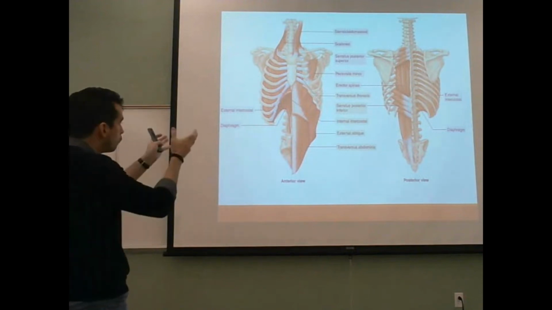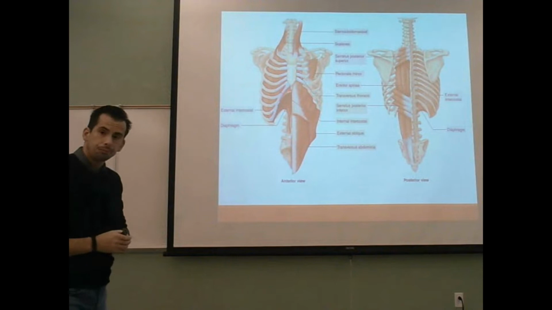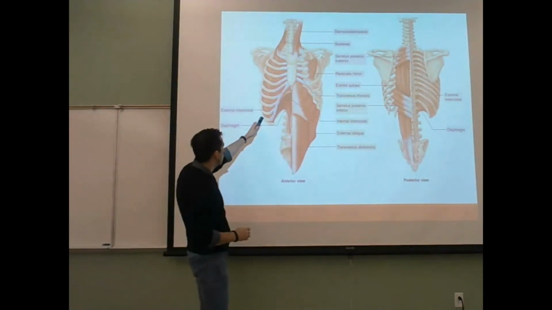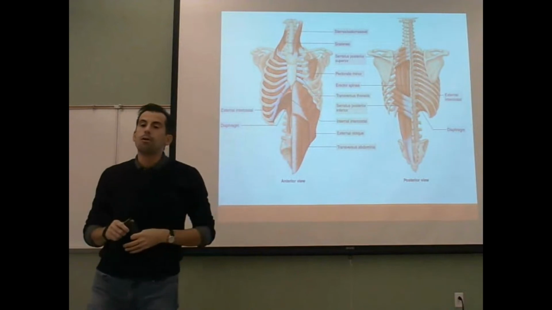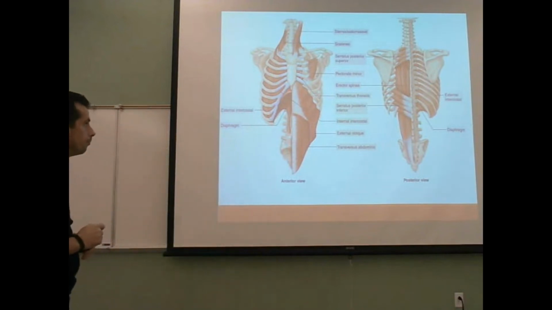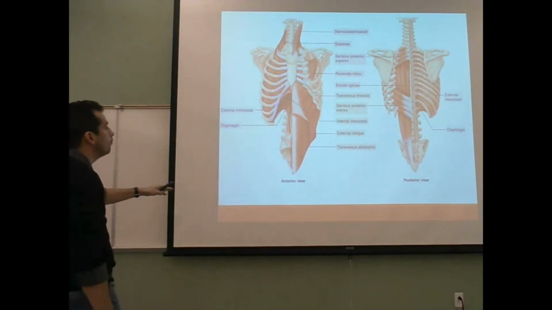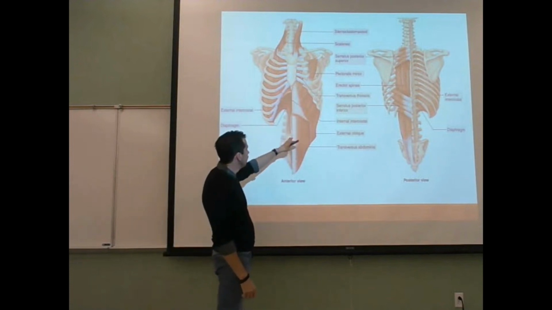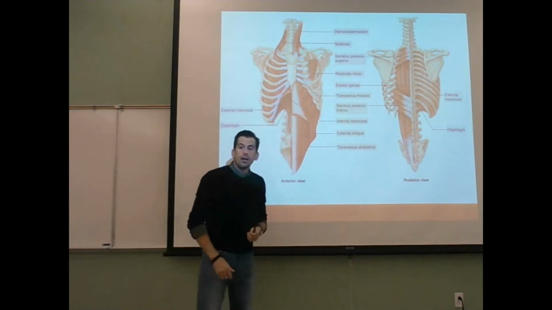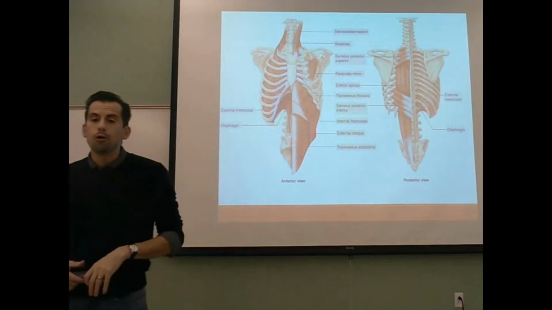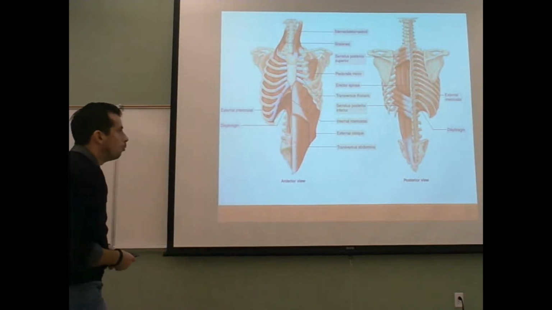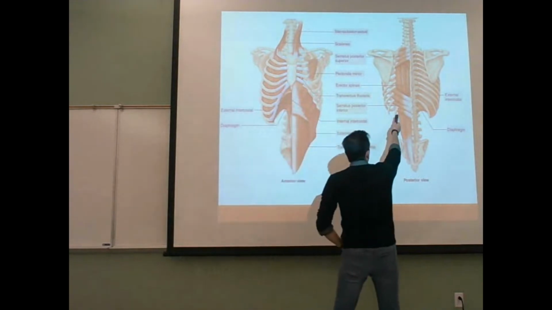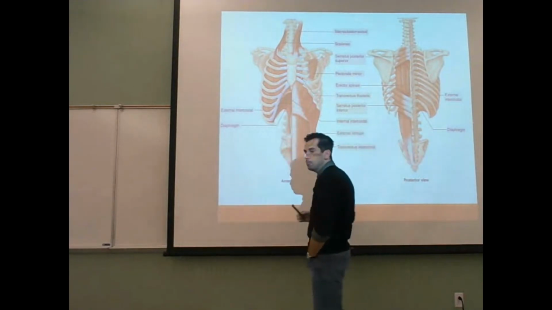When they shorten, the rib cage is going to be elevated. We see our external intercostals as they angle backwards. When they contract, they lift the rib cage outward. Now, conversely, we see where the abdominal muscles are going to be. Lower than the rib cage, inserting at a higher, more superior point. When they contract, they pull the rib cage back down. We see our serratus posterior muscles over here. When they contract, they pull the ribs back down.